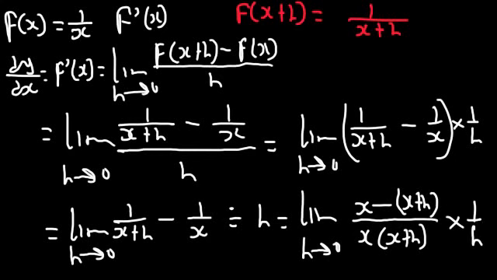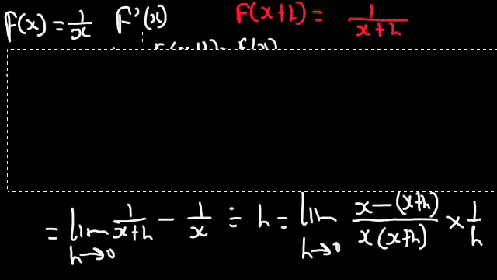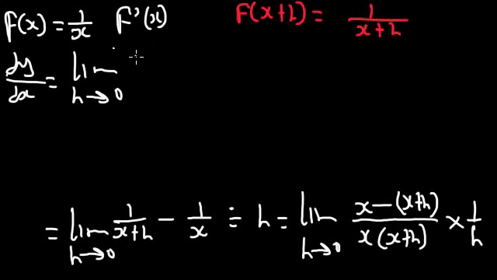Perfect. So now we can get rid of this. So now we have dy/dx equals the limit as h approaches 0 of x. I will distribute the negative sign respectively, so x minus x minus h, all divided by, let me just multiply this.